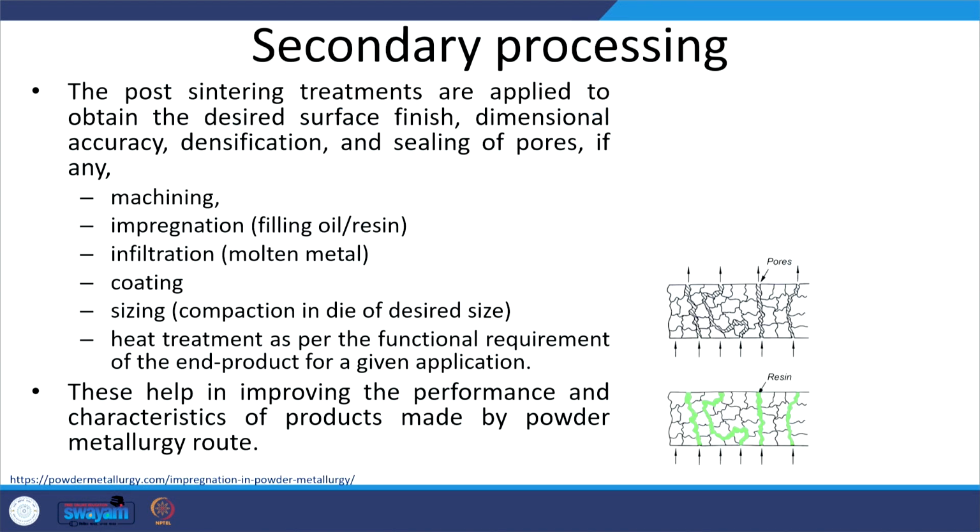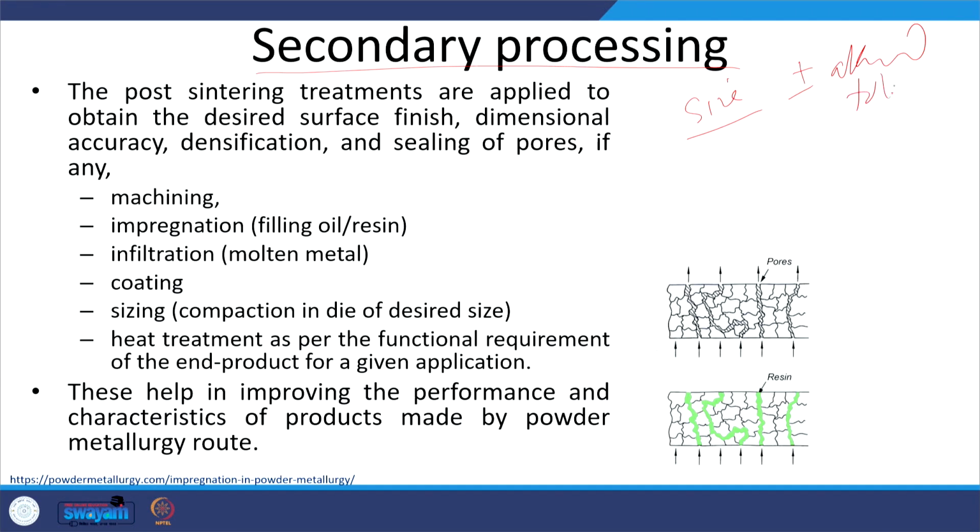So here, what we have seen is that whenever the products are made through this powder metallurgy approach, the products obtained may not be suitable directly for the applications, say in terms of the specific size requirement, like the allowed tolerance.